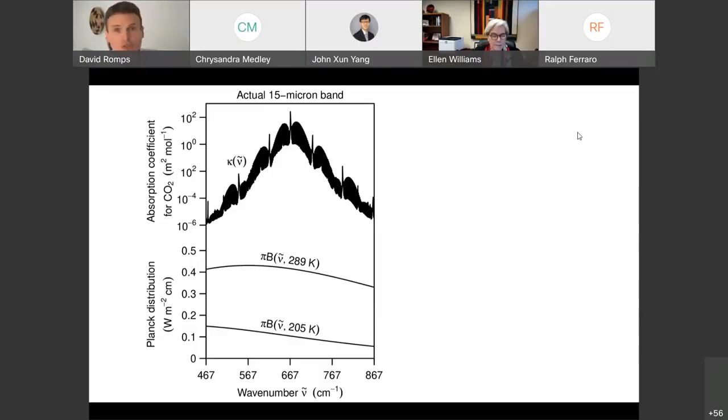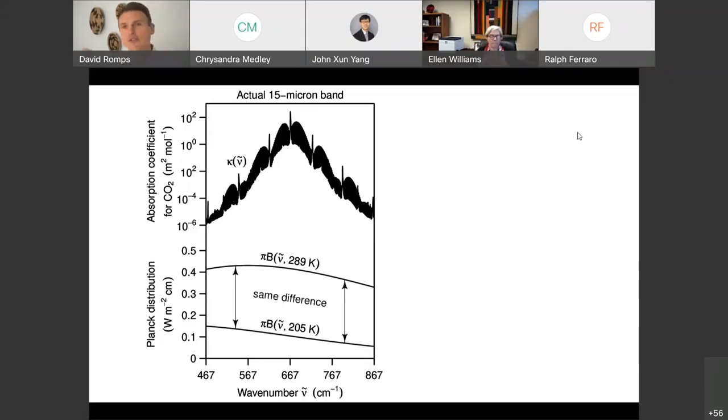And I've also got the two Planck distributions plotted here. Now, I want us to note two things about the curves that are shown here. The first is that these two Planck distributions maintain more or less the same distance between them over this range of wave numbers.